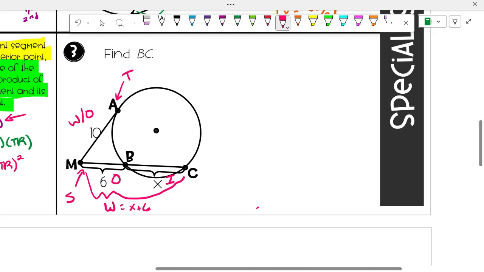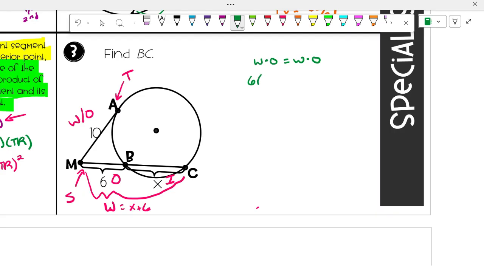So the x plus 6 comes from when we add the outer and the inner together. Now I'm going to put it into whole times outer is equal to whole times outer. So this would be 6 times x plus 6 is equal to 10 times 10. I could rewrite this as 6 times x plus 6 is equal to 10 squared.